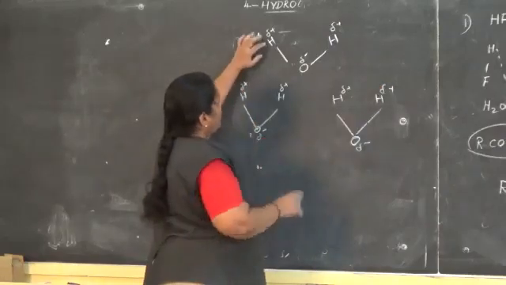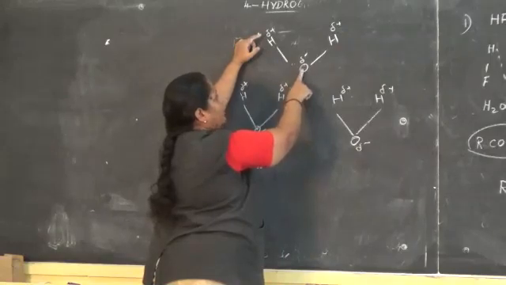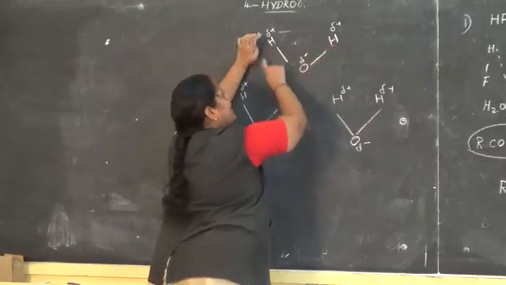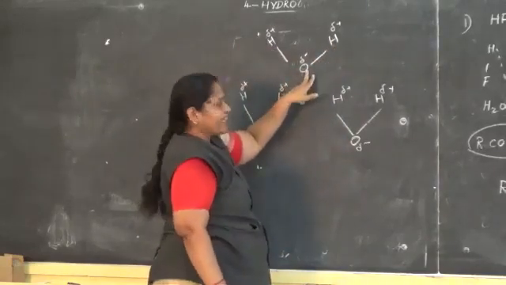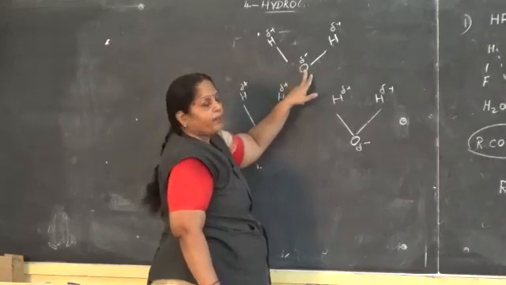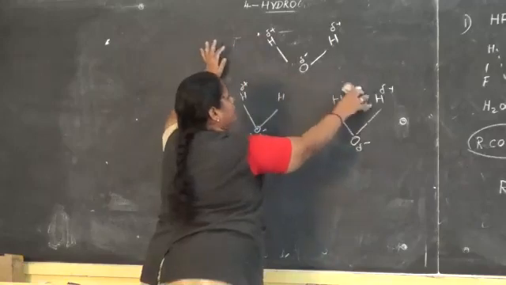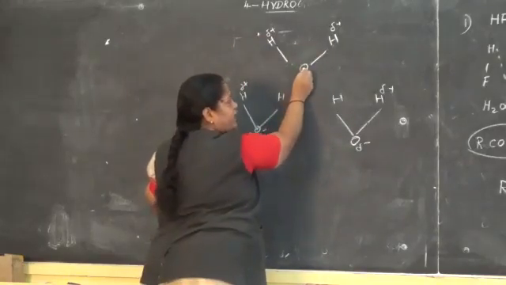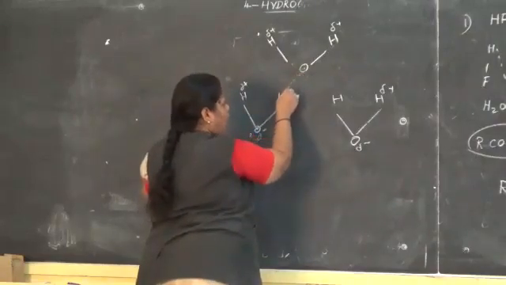Now, oxygen, a highly electronegative atom, forms 2 covalent bonds with 2 hydrogen atoms in a water molecule. Due to the high electronegativity of the oxygen atom, listen carefully, it forms 2 hydrogen bonds.